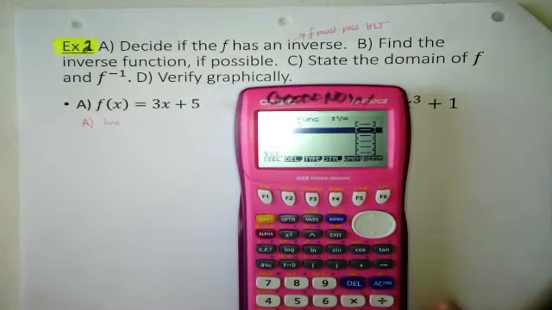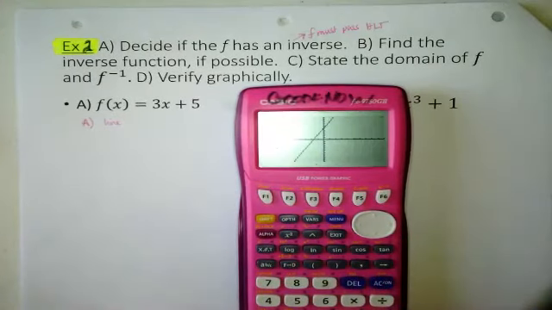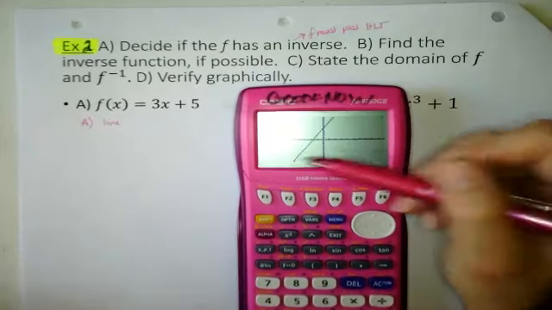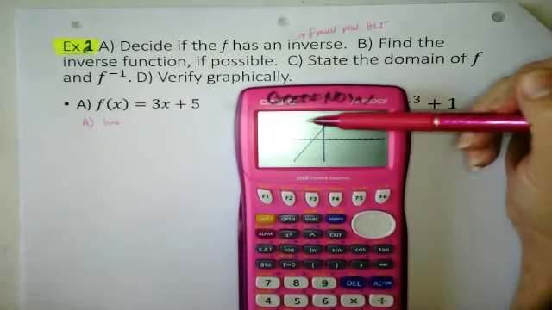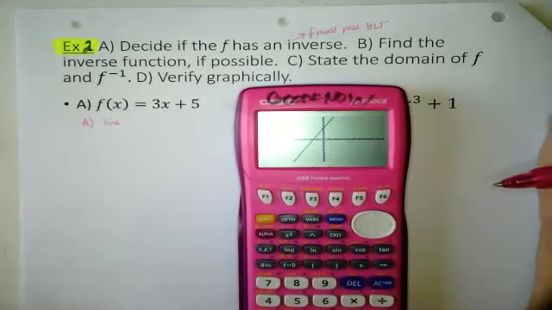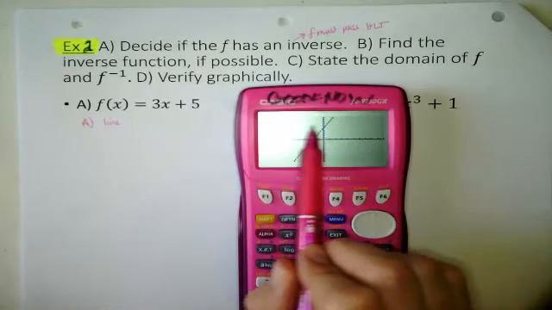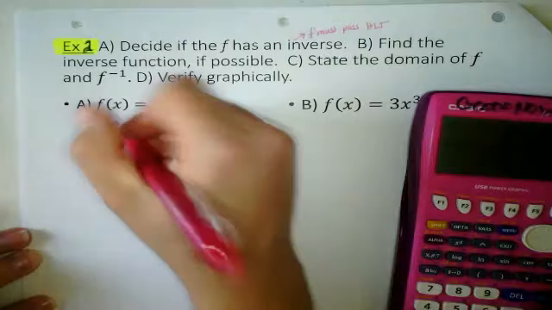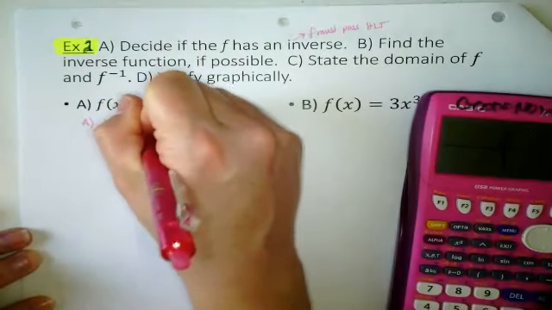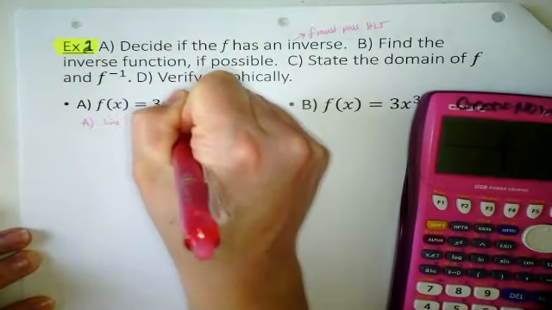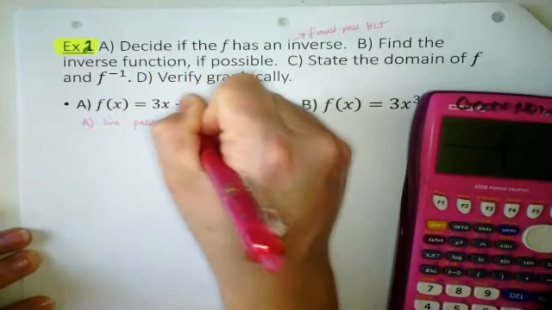And we see a line. Okay, great. So this is a line, and we know it's a function. It passes the vertical line test. It also passes the horizontal line test. And since it passes the horizontal line test, it does have an inverse.